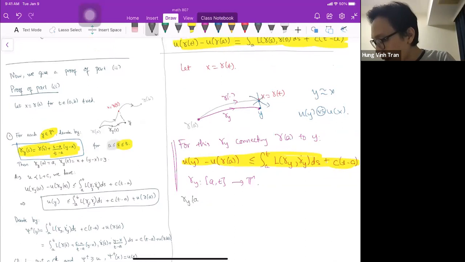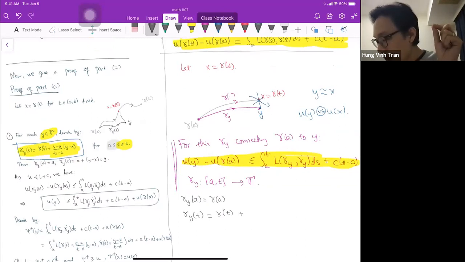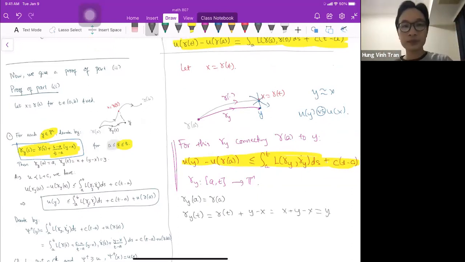So gamma y of a is just gamma a, right? And gamma y of t, at t, I'm going to have gamma t here, and then I'm adding the correction term, which is exactly y minus x, right? And this is just x plus y minus x equals y.